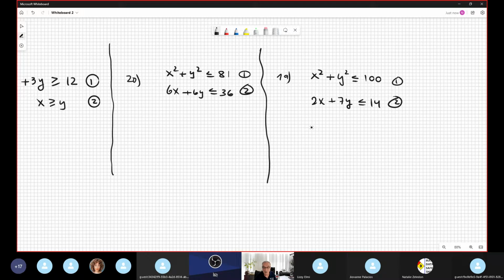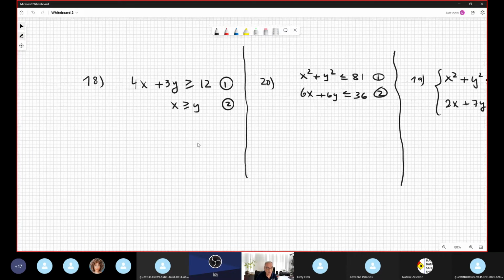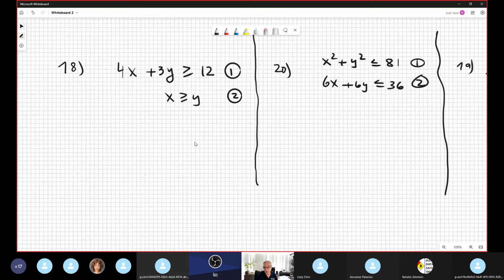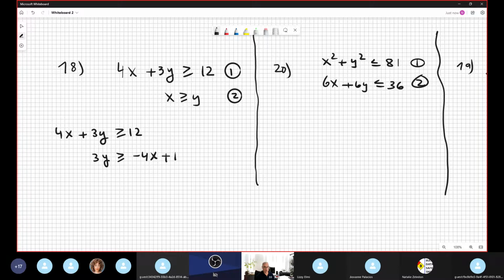Inequality. Okay, let's do it step by step. Everything is easy. For example, suppose that you are doing it by hand. When you take the inequality, you copy, and you solve for y, always. 3y is greater than or equal to minus 4x plus 12.